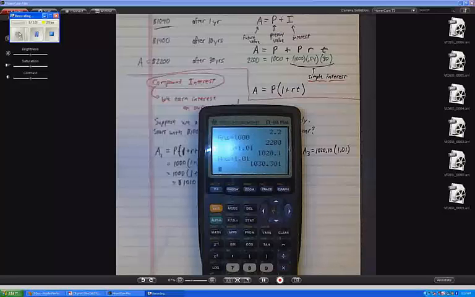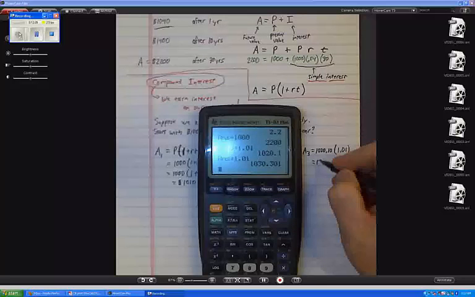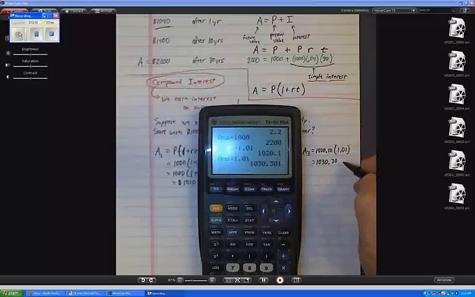Enter. And so A3 is 1,030 and how many cents? Well, 30. I have a question. Do you care about that extra tenth of a cent? How many do? How many don't? I don't see a lot.